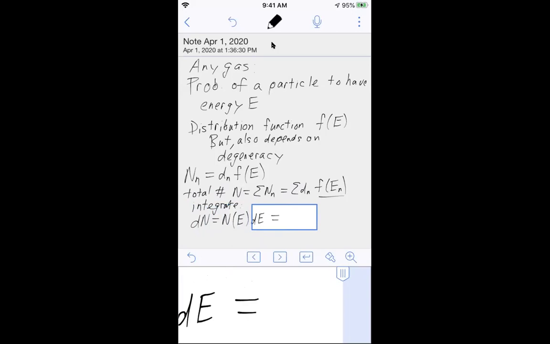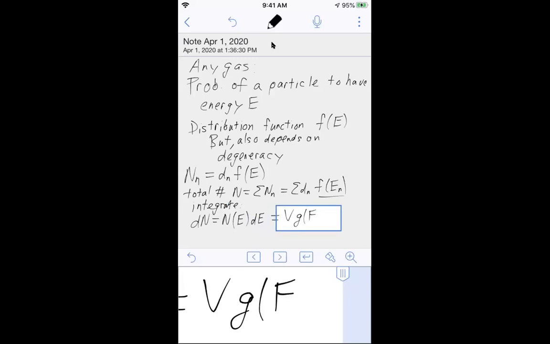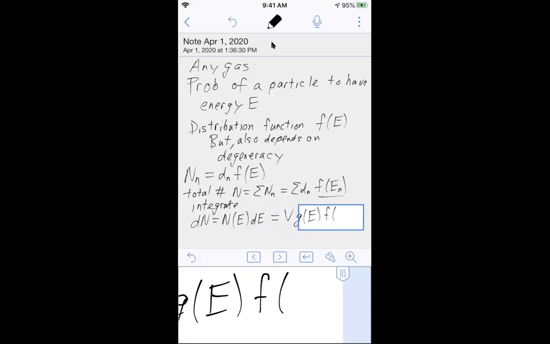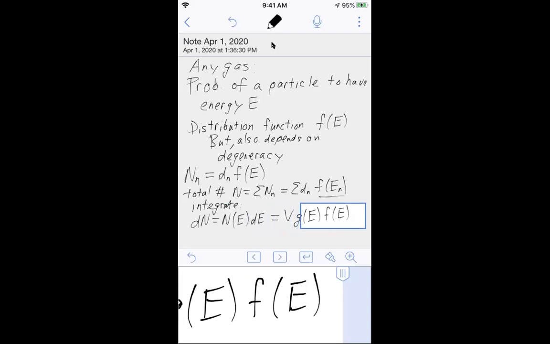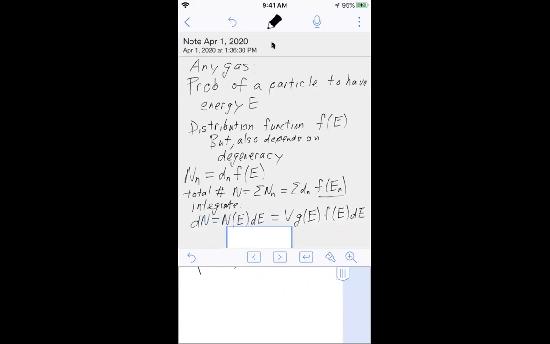So that's going to depend on the volume of the system. We're going to break this degeneracy into something called G, which is a function of energy, and then multiply that by our distribution function, which we don't know yet, still integrating dE. This G here is called a density of states.